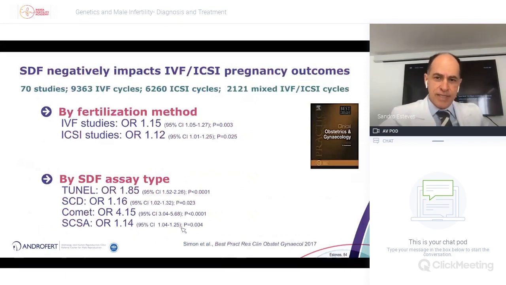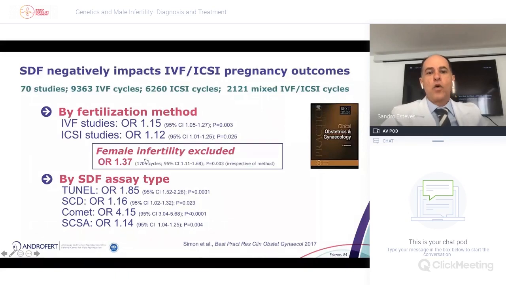And even when we split the results according to different sperm DNA fragmentation assays, you can see by TUNEL, SCD, Comet, and SCSA, the odds ratio confirms that having high DNA fragmentation has a negative effect on reproductive outcomes of IVF and ICSI.